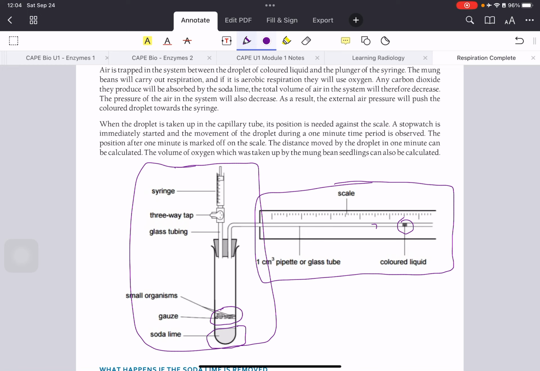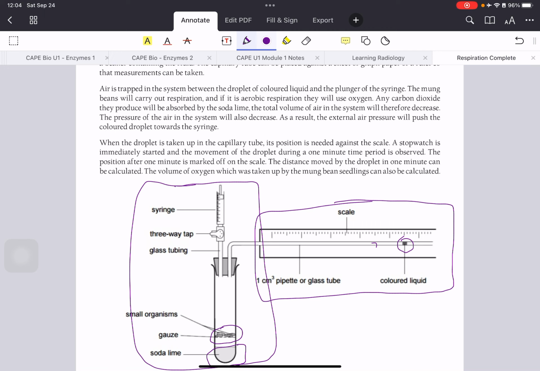So you can't have the carbon dioxide pushing the droplet as well, because then it would lead to errors in the experiment, right? So the soda lime there absorbs all of the carbon dioxide. Now the gauze is to simply separate the organisms from the corrosive effects of the soda lime. If you put the organisms in soda lime, they will just die, right? So the gauze there is important to separate the organisms from the soda lime.